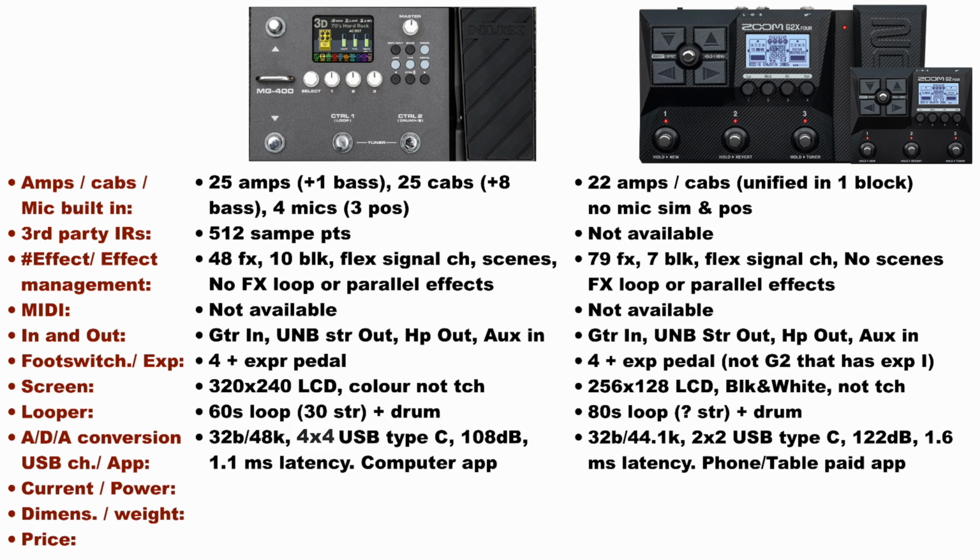The G2 has a higher dynamic range at 122 dB, where the MG400 has a better latency at 1.1 milliseconds versus 1.6 of the G2, even if this difference is very tiny. If you want more info about latency, you can check out the video in the card above.